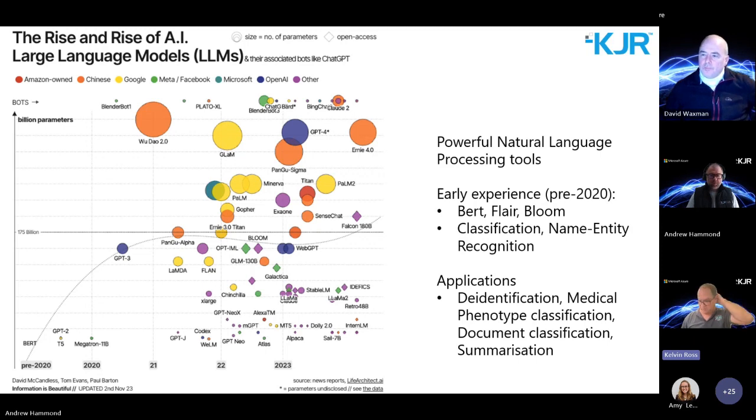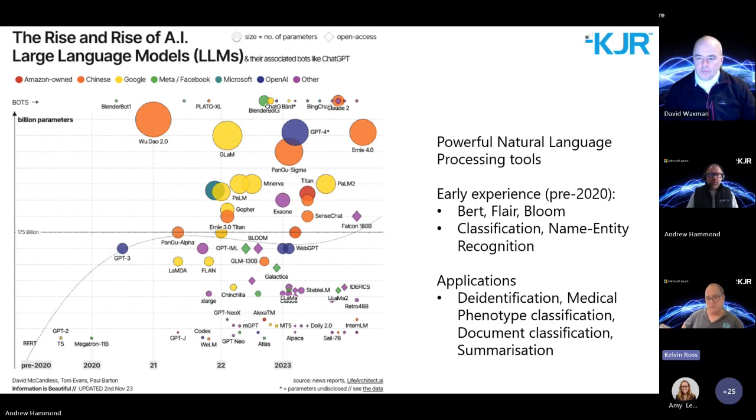In the large language models area, we've seen a rapid acceleration, certainly within the last 2 years since OpenAI released ChatGPT. But there was actually a lot going on prior to that with the introduction of transformer architectures and so on. So we'd actually been working with other large language models such as BERT and FLAIR, and then ultimately a bit more work in Bloom.